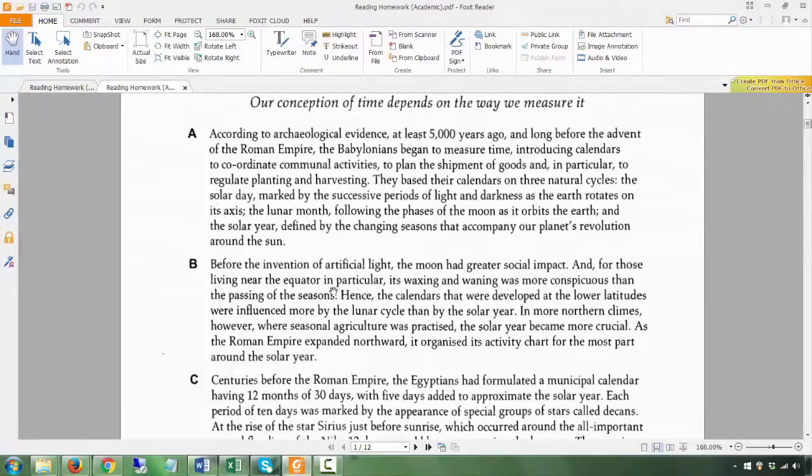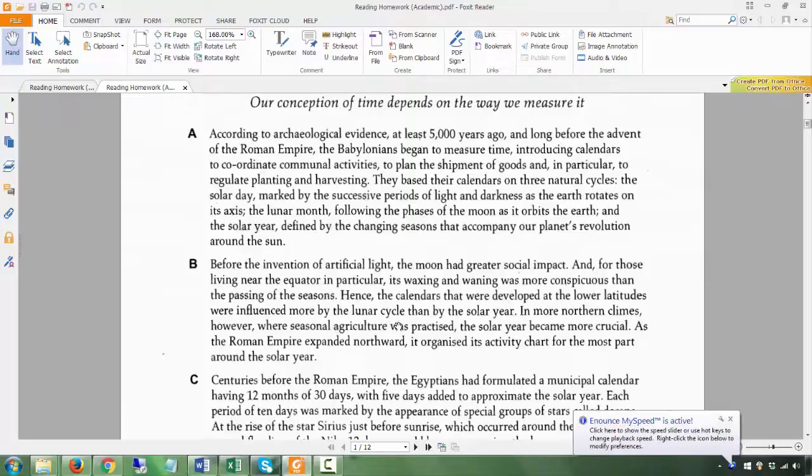So basically, all right, 2 key points: farming communities and importance of geography. What is geography? Geography is basically the study of the earth, the physical features, where it's at, etc. So if you go to B, firstly, where is the synonym or the paraphrase for farming communities?